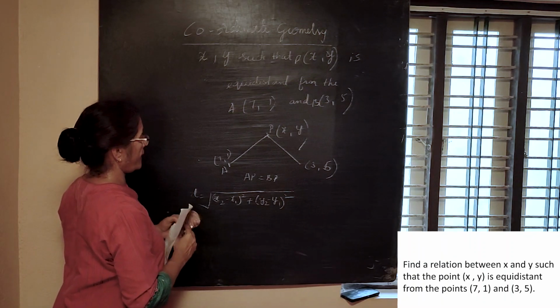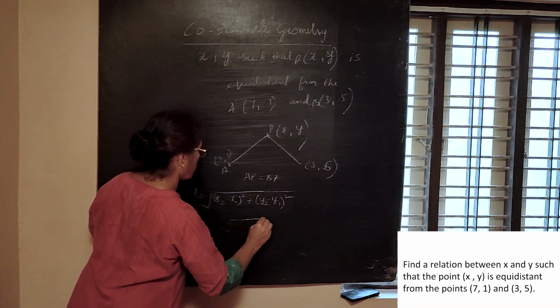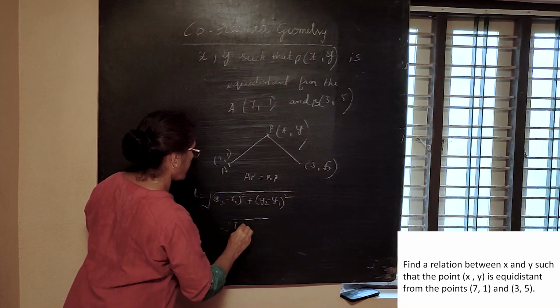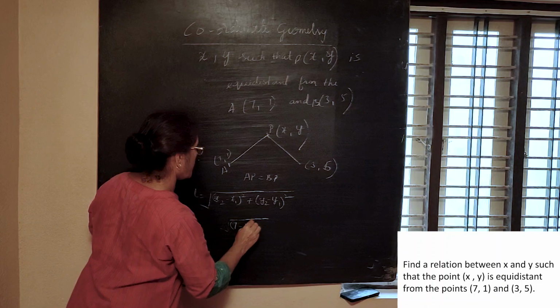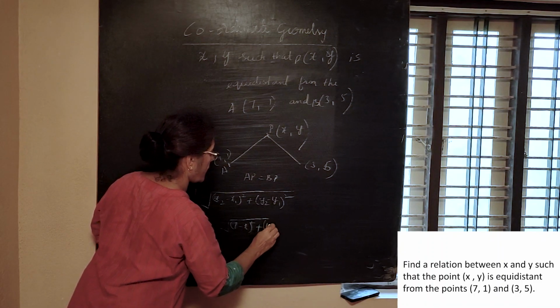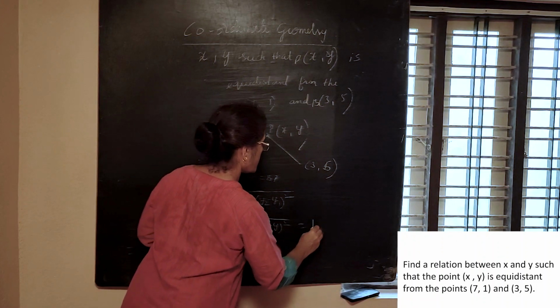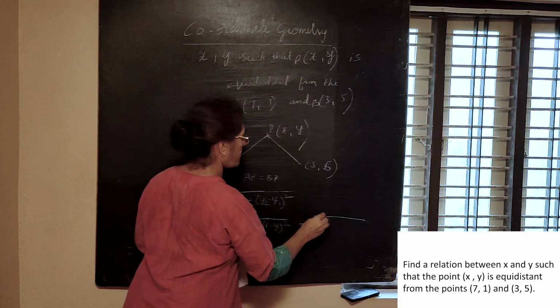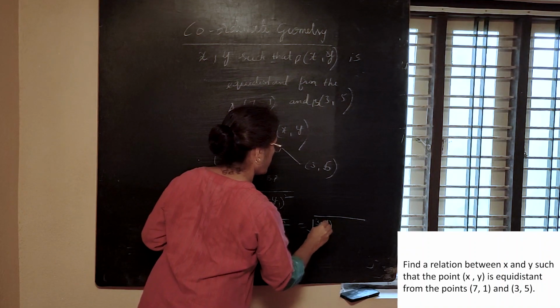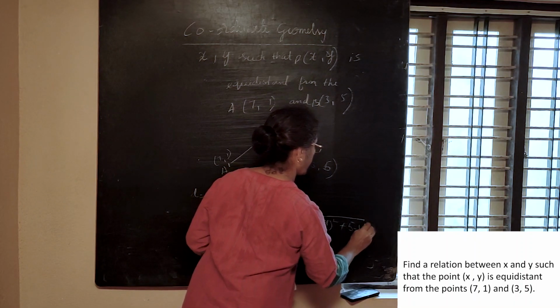So AP is the square root of (7 minus x) the whole square plus (1 minus y) the whole square, is equal to the square root of (3 minus x) the whole square plus (5 minus y) the whole square.